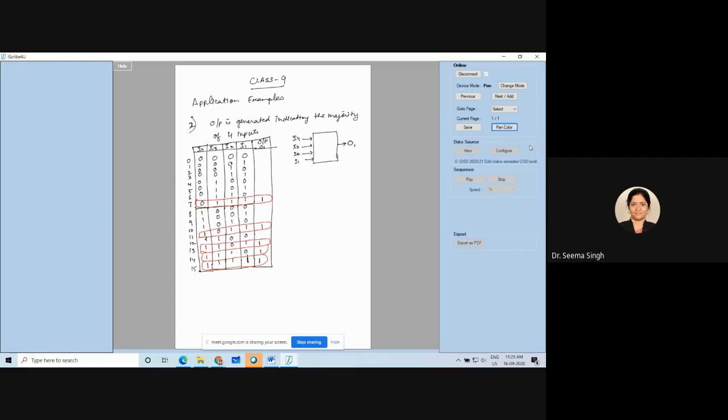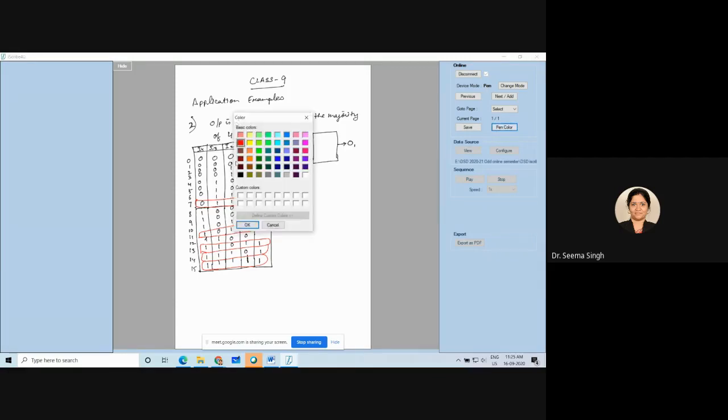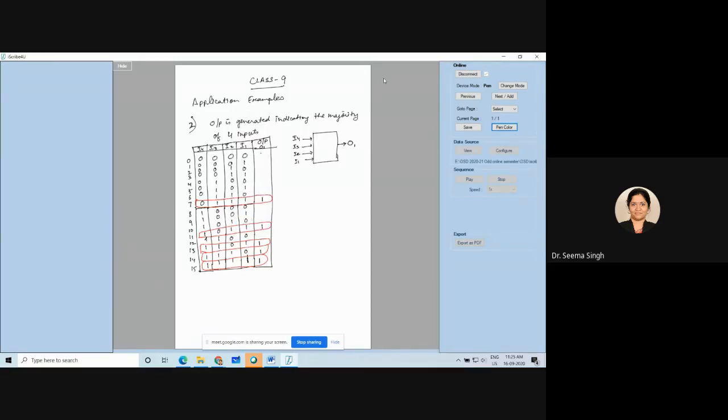These are all the majorities and the rest are all 0. Now can somebody quickly tell me what the equation will be? 0 to 6 is 0, 8, 9, 10 is 0, 12 is 0. So what will the equation look like?